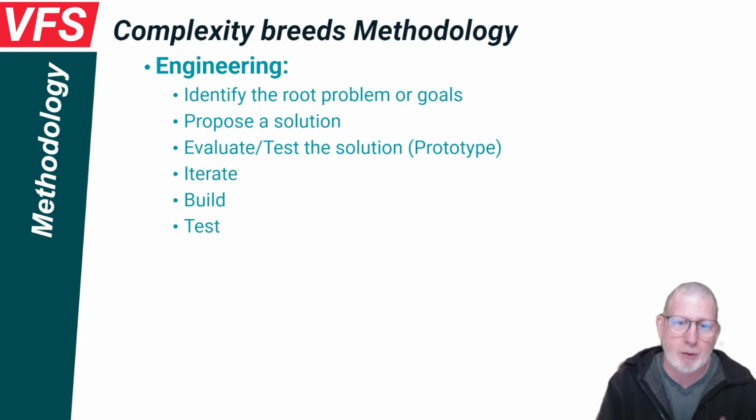We merge them together, we test again. We merge them together, we test again. Those last four steps you repeat until you run out of time or money. Evaluate, test, iterate, build, test again. And there's no end to it, which means you're constantly going to be updating things.